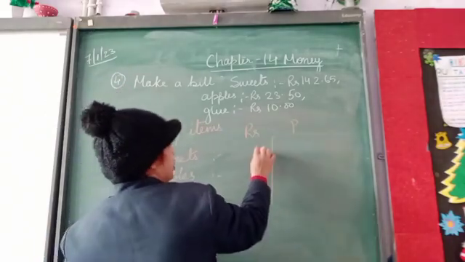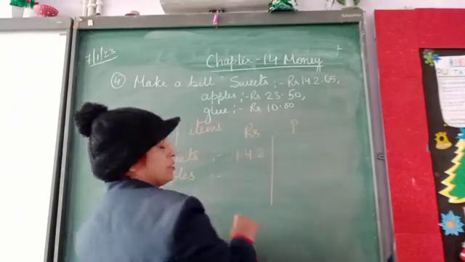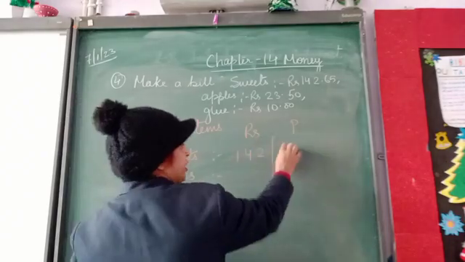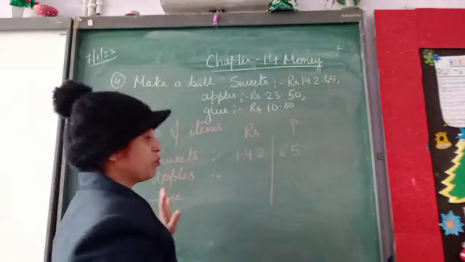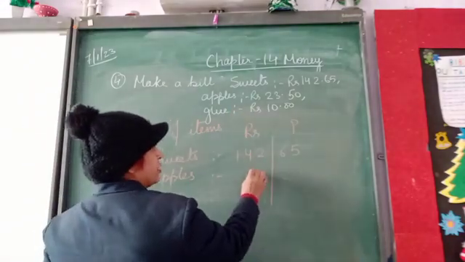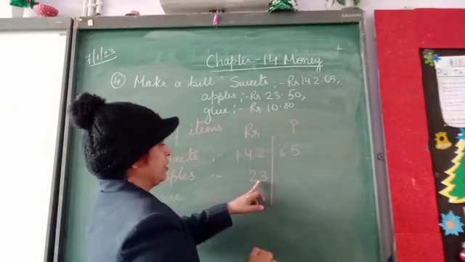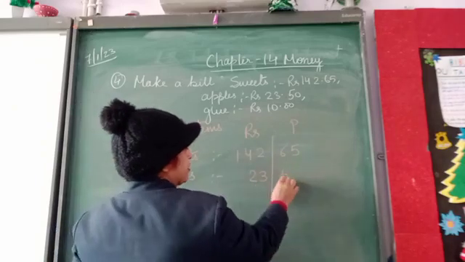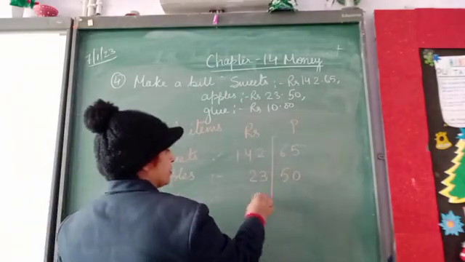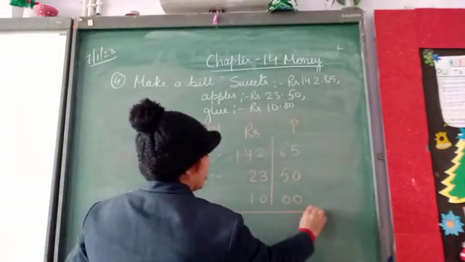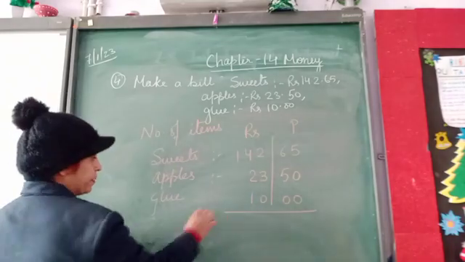Now 142 rupees, this is 65 paisa. You write it in the paisa column. Then apples cost 23 rupees 50 paisa. So start writing from here, 23 rupees and 50 paisa. Then glue is only 10 rupees, so no paisa. Put 0 here. Now add the bill.